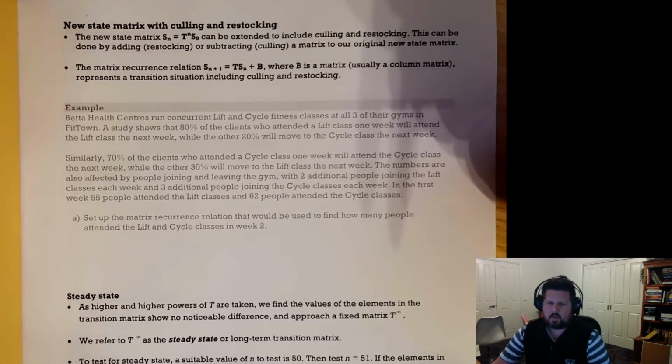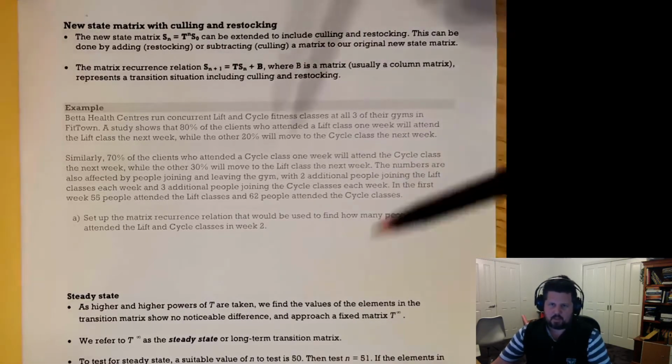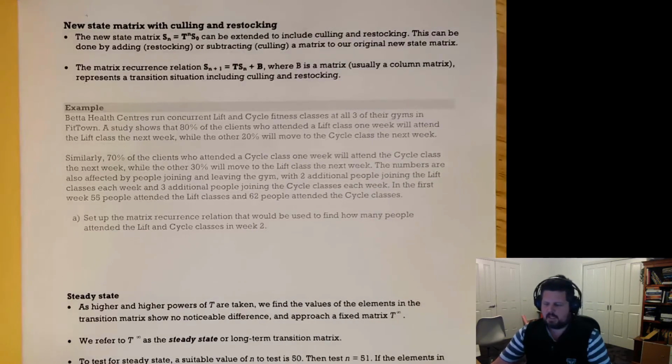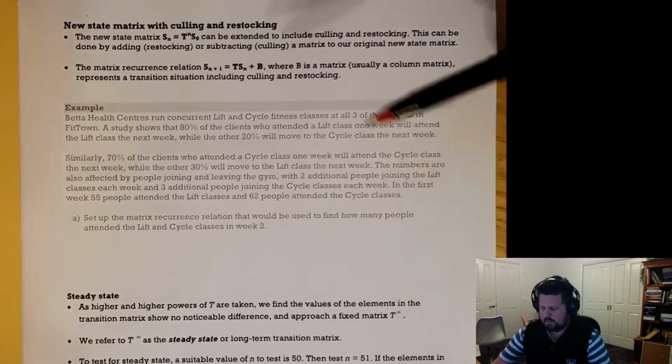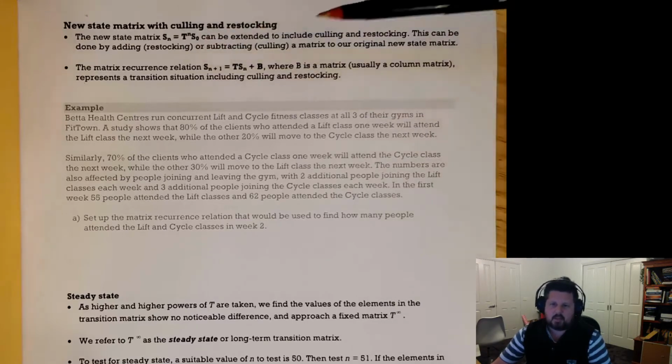The way it works is if you think about an organization that's getting stock in, it's getting added on. That is restocking. If you are getting rid of things, it's culling, which is the same as subtracting. So whether you are restocking or culling, you are either going to be adding or subtracting a matrix to our original new state matrix.